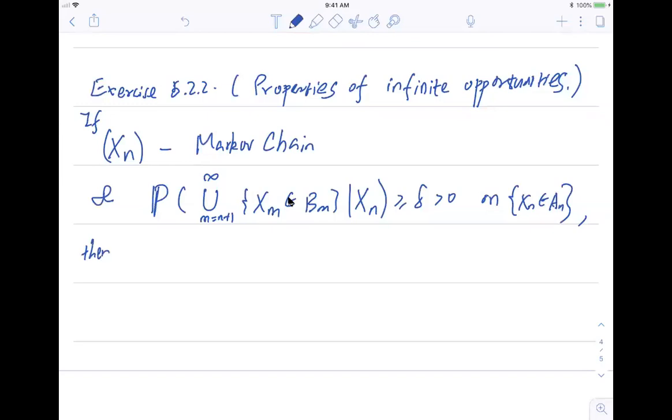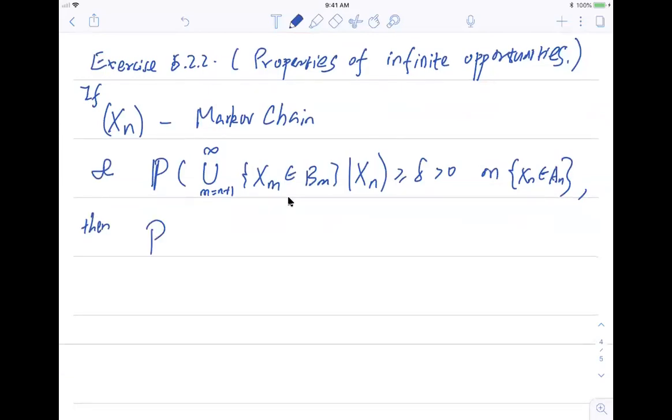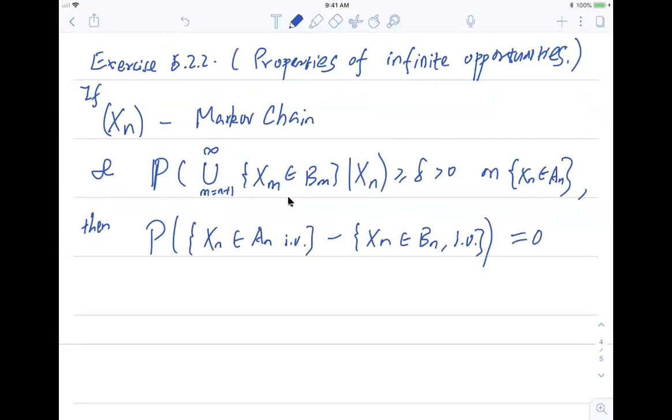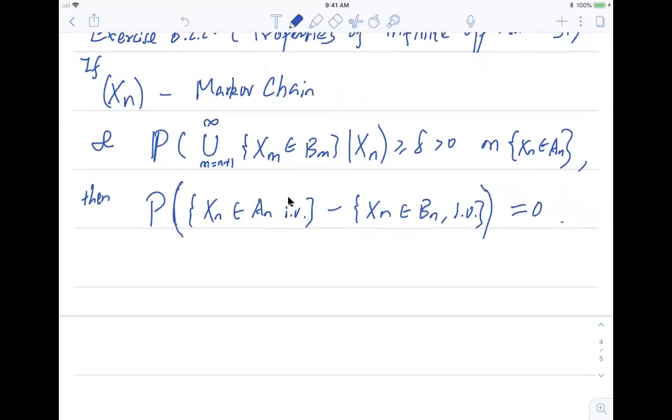Then the probability of X_n in A_n infinitely often minus X_n in B_n infinitely often equals 0. This looks like a very weird statement, right? There's a hint: use the Levy 0-1 law.